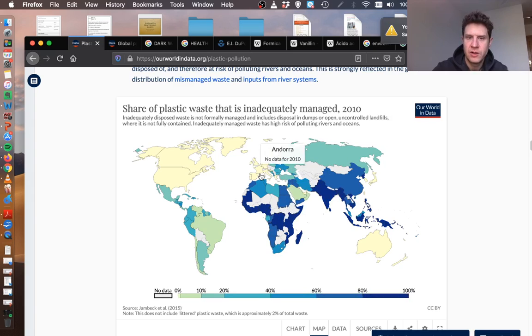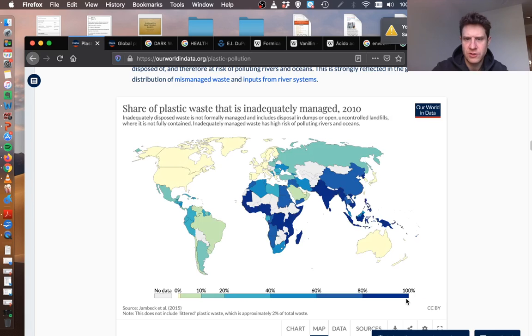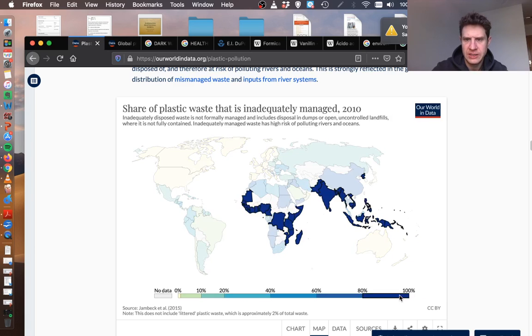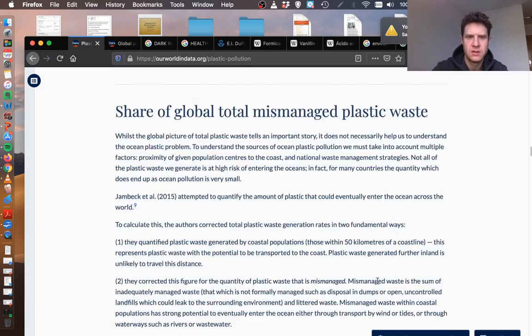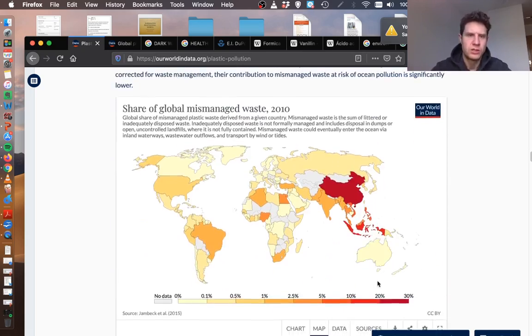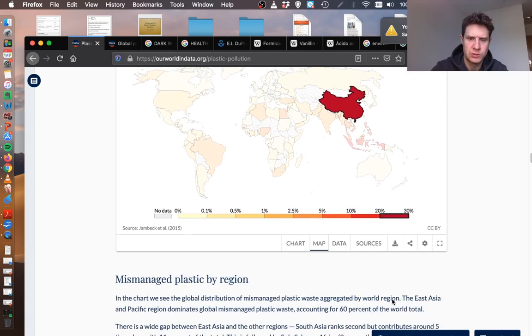Yes, the rich countries are in a way managing the plastic. So the countries that pollute more are India and Africa. Yes. Good. Share global mismanaged. China, they don't manage plastic at all. Pretty bad.